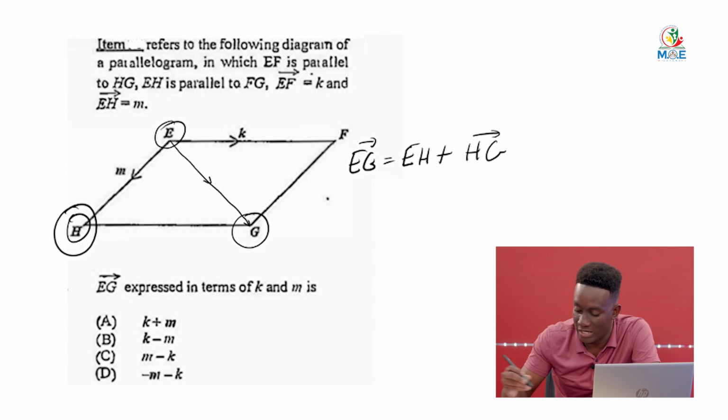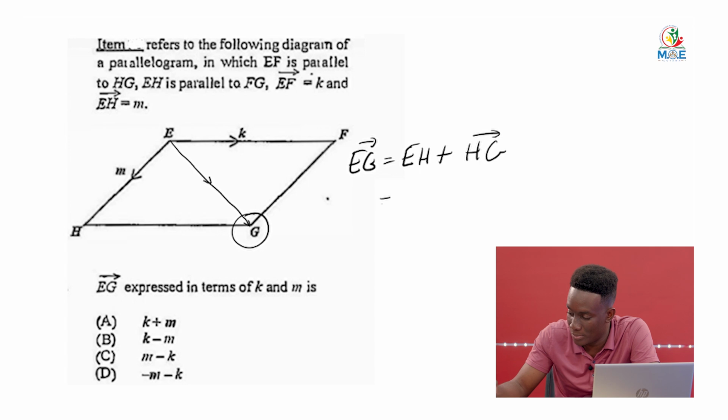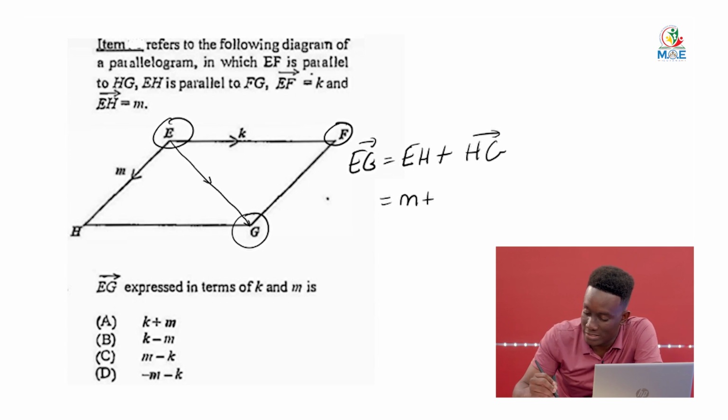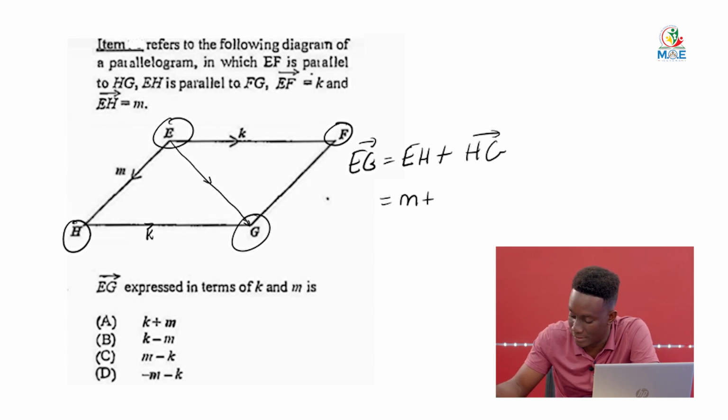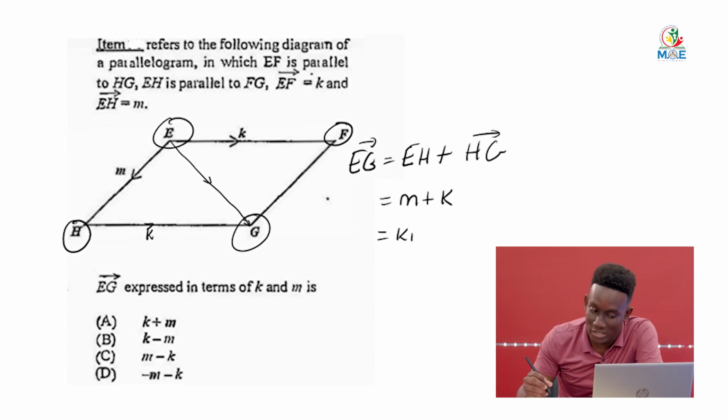They want it in terms of K and M. So one thing we know is EH is equal to M. So we can replace this EH with M plus, and we know EF is equal to K, and EF is parallel to HG. So we can say HG is also equal to K. So we can say M plus K. Let's see which one has M plus K. We see this one has K plus M, and K plus M is the same as M plus K. So this answer here would simply be A.